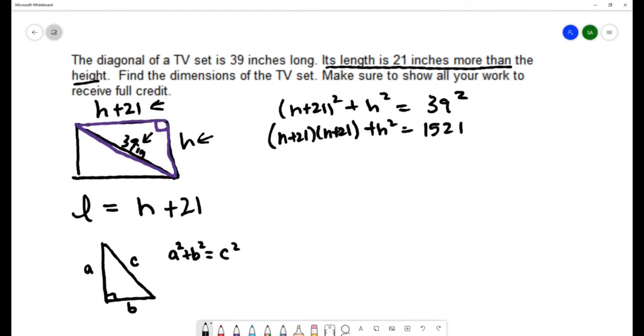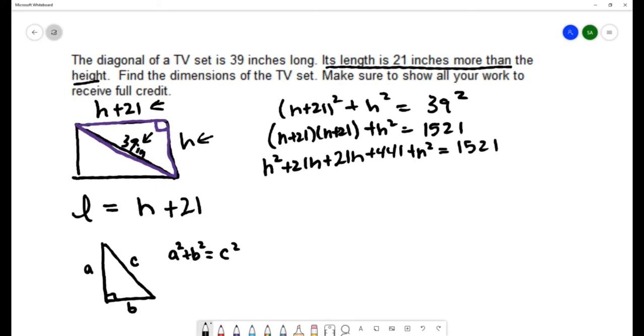I'll multiply this out. h times h is h squared. h times 21 is 21h. We have another 21h. And then we need 21 times 21, which is 441. I carry down that plus h squared, and this equals 1,521.